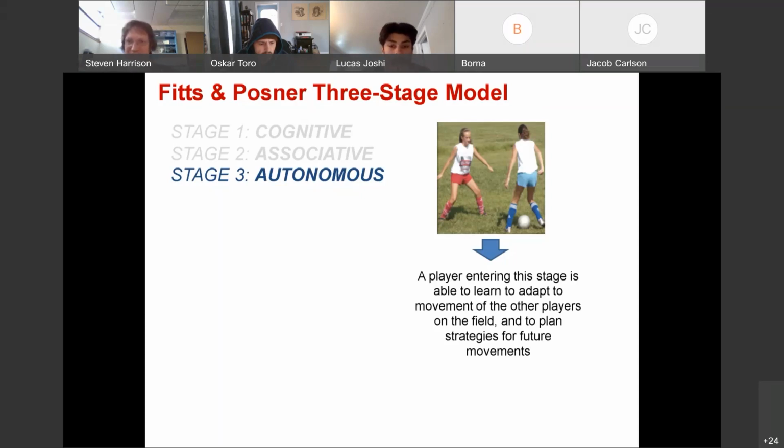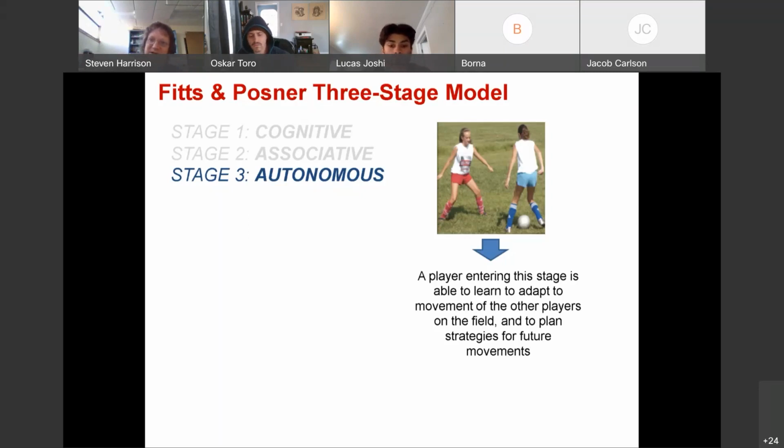When you don't have to cognitively focus on the specifics, this allows you to direct your attention to what the defender is doing, or what the attacker is doing as it's coming towards you. You're able to attend to other subtle aspects, more complex aspects, and use this to plan strategies for your future movements.